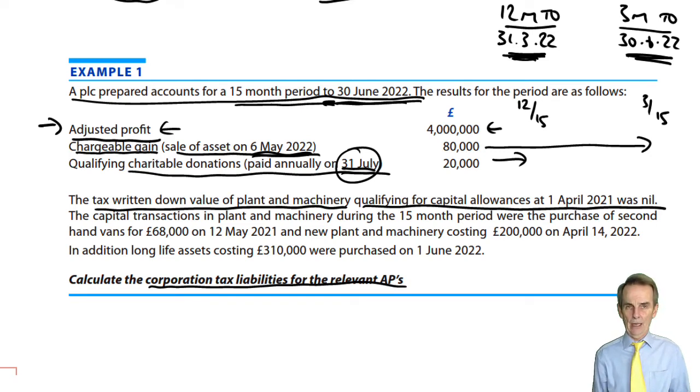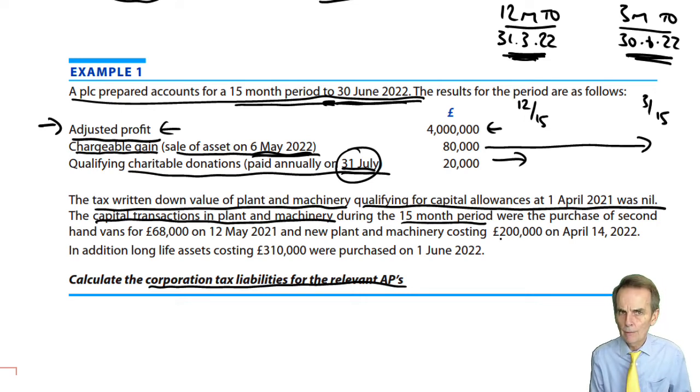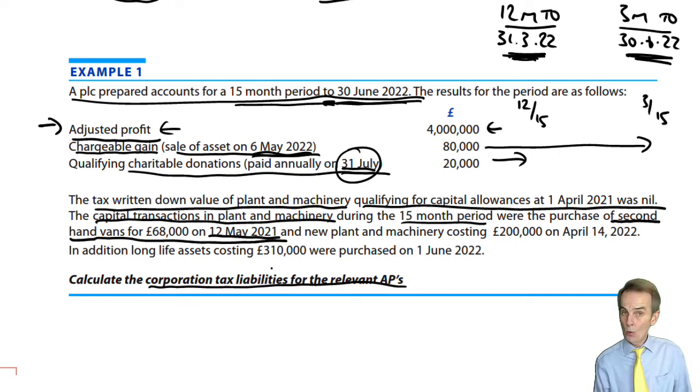Again, you would be told if there are, and it would specify main pool or special rate pool, or again short life asset. So those figures would be given to you. We don't have any of them here. But we do have capital transactions in plant and machinery during that 15-month period, which you are going to have to allocate to each such accounting period. So with the purchase of second-hand vans for 68,000 on the 12th of May 21, which accounting period does that date fall into?